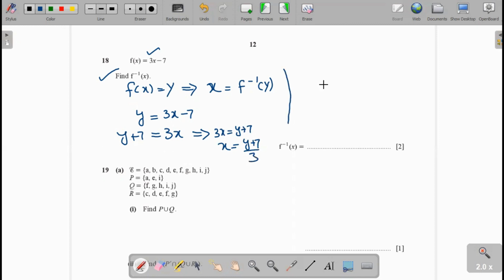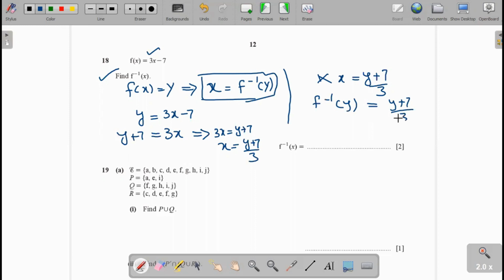Now we write it as x equal to y plus 7 over 3, and you know x equal to f inverse of y. Now we write f inverse of y equal to y plus 7 over 3. Now we replace y by x. Therefore, f inverse of x equal to x plus 7 over 3.